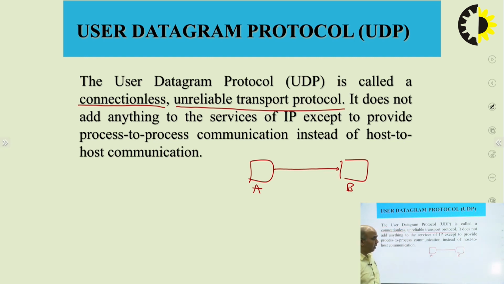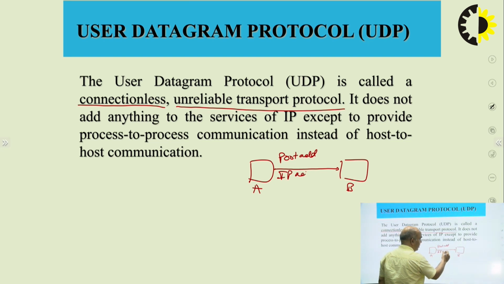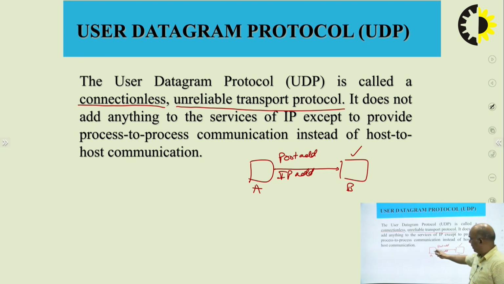A only knows the port address or IP address of B. By using this IP address, it sends the data, and the receiver receives it over the network whenever A sends data to B. So user datagram is called an unreliable transport protocol or connectionless protocol.